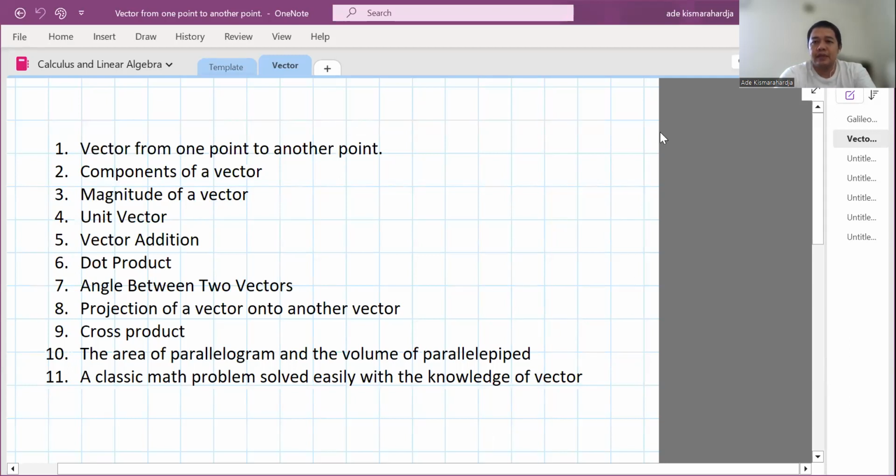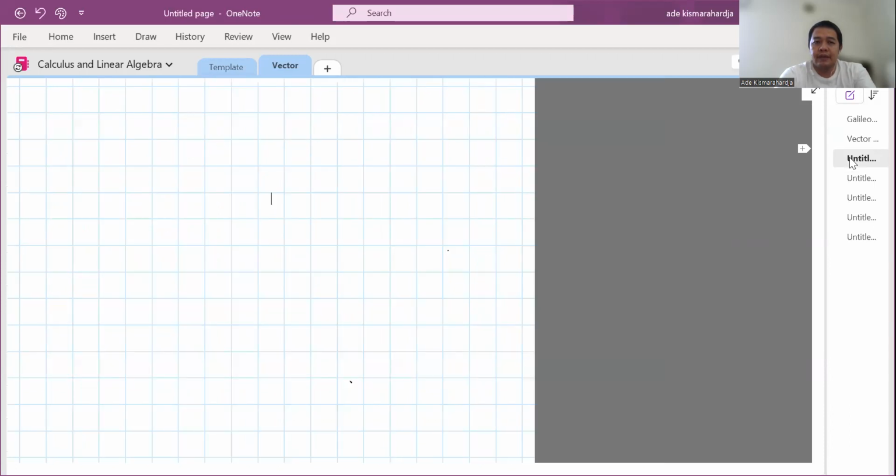So these are some important topics that we need to know related to vectors. So let's start with the first one.